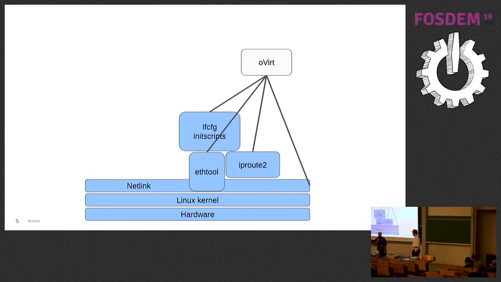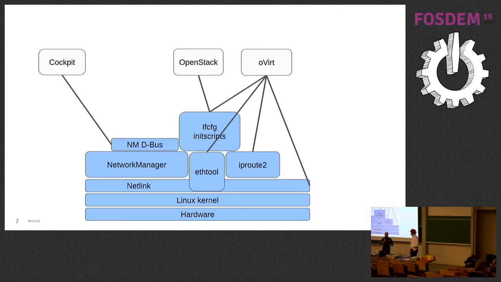But we noticed very fast that there are also other products or other solutions that need it as well. There is also, for example, OpenStack, if anyone knows, which also needs it. They need it for ifcfg. They usually use mainly the ifcfg in its case, but sometimes other stuff. Also we have a tool called Cockpit.